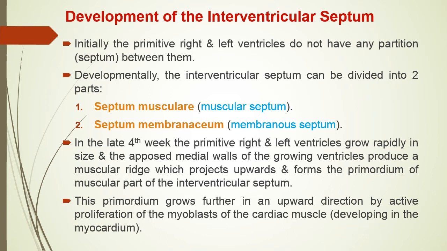Their lower edge was crescentic, here its upper edge is crescentic, and there remains a gap between the upper edge of the septum musculaire and the septum intermedium or fused endocardial cushions, and this gap is known as interlumen.